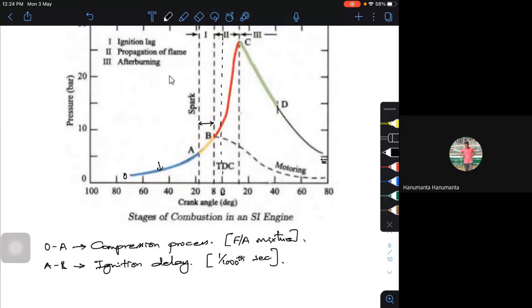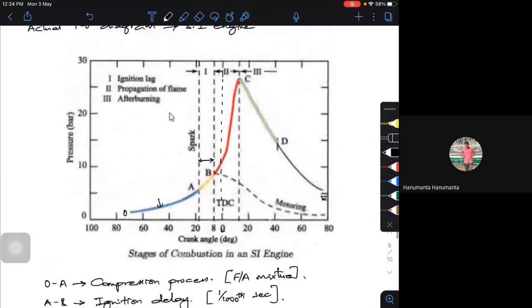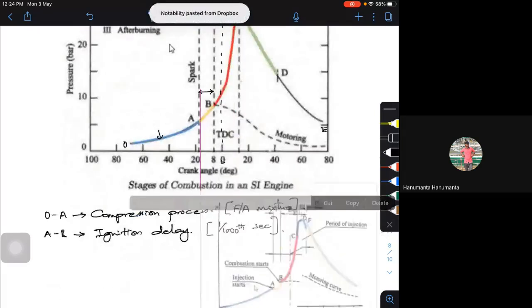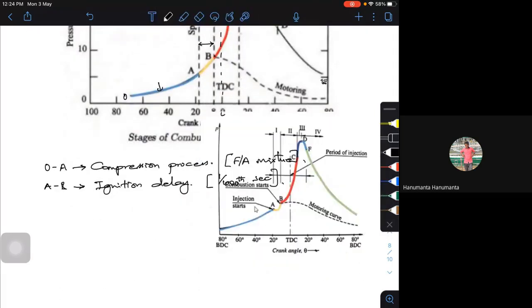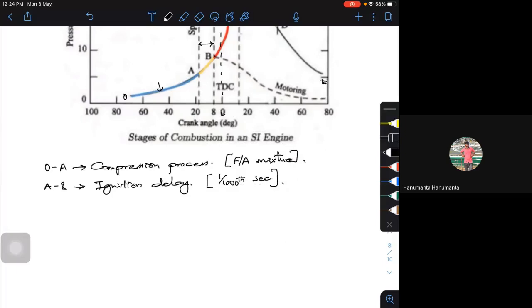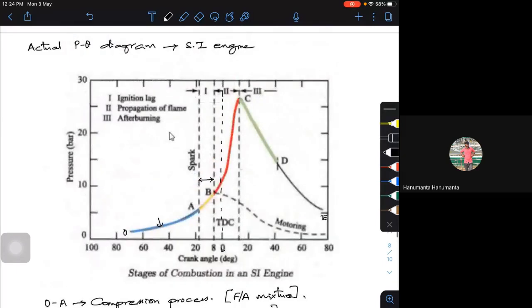But at point B, the ignition will start. Once the ignition starts, this fuel air mixture will start burning, and it goes up to point C. This point B to C is nothing but the propagation of the flame.